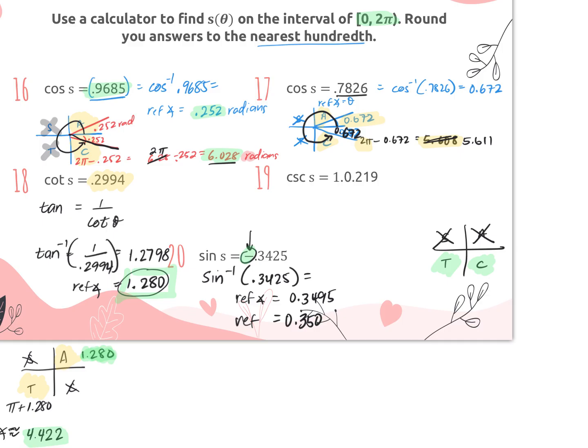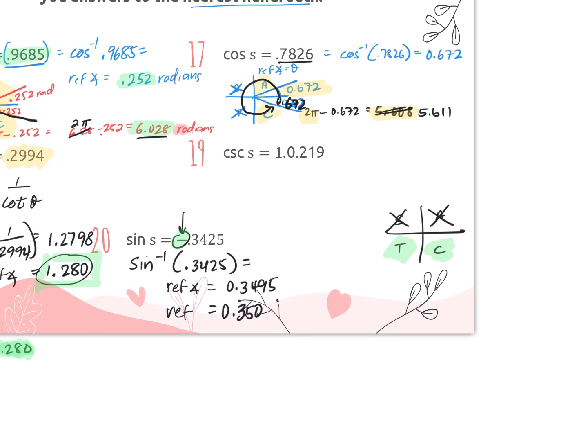So I know my answer is going to come from quadrants 3 and 4. In quadrant 3, I do pi plus the reference angle, 0.350. And in quadrant 4, I do 2 pi minus 0.350. And I'm going to get my two angles. When I do 0.350 plus pi, I get 3.492.